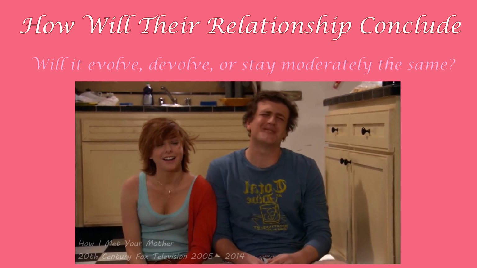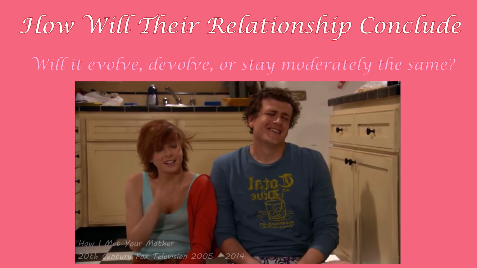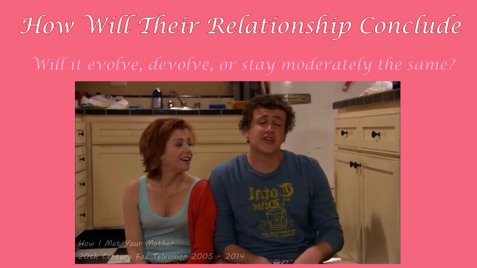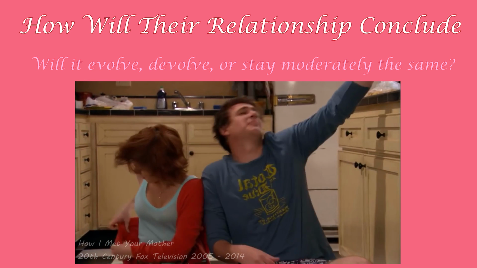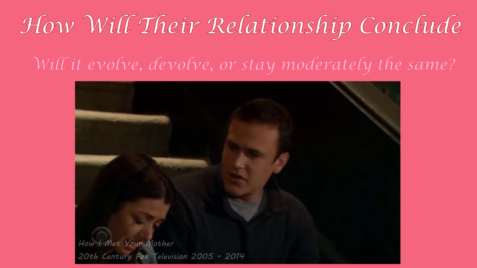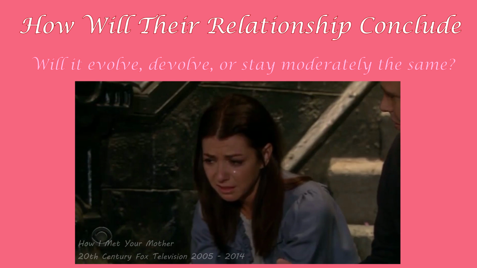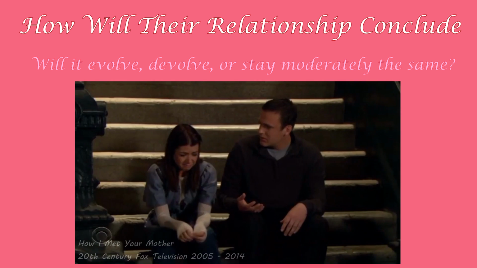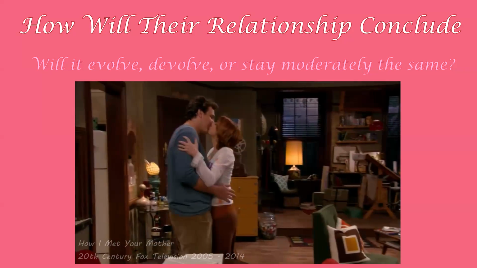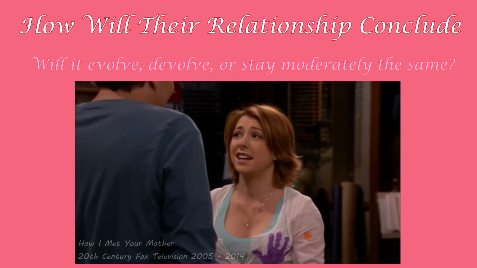A couple who withstands the test of time and has a generally good relationship leaves us feeling hopeful. Usually you'll find this sort of relationship with side characters, like Marshall and Lily from How I Met Your Mother. It's not that their relationship never had problems, or didn't evolve in some way, but it basically stayed the same from the beginning to the end. They loved each other, were together most of the time, and stayed together.